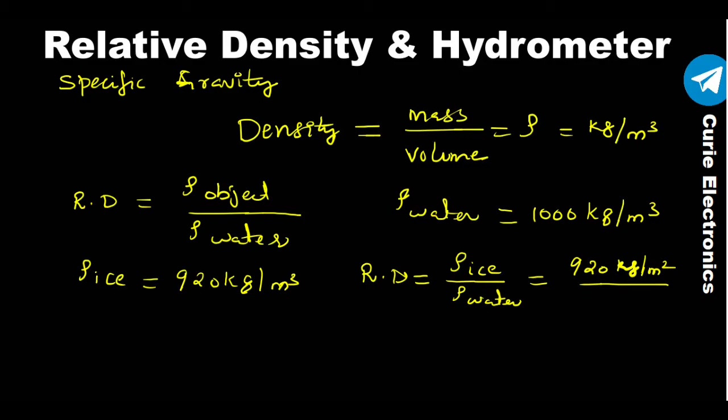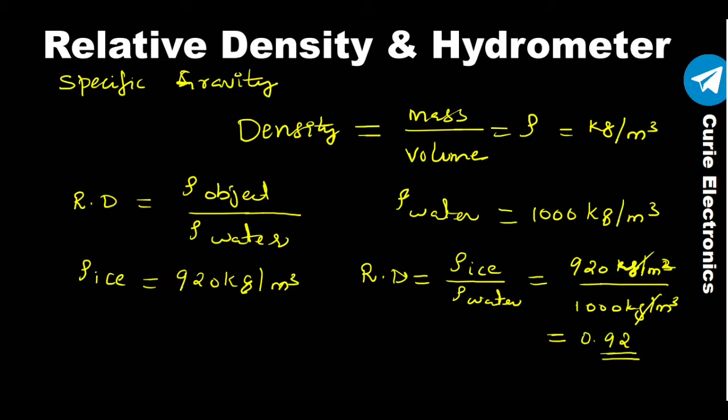We should know this, that is 1000 kg per meter cube. The kg per meter cube will cancel, and if we divide 920 upon 1000 we will get 0.92.